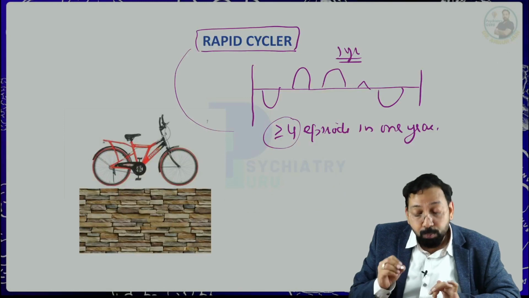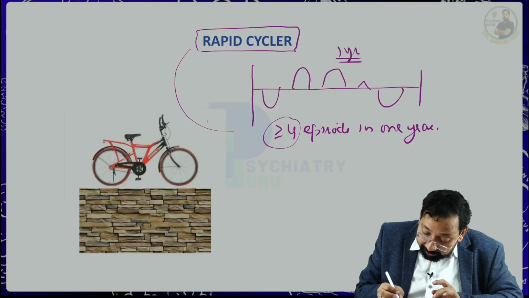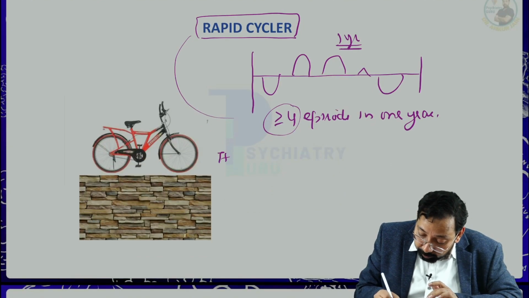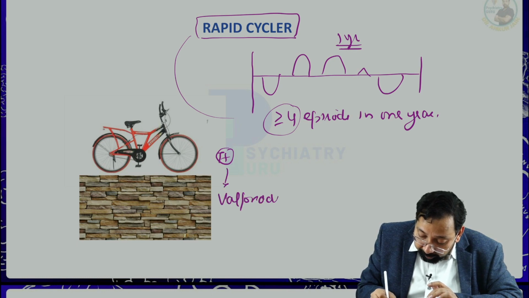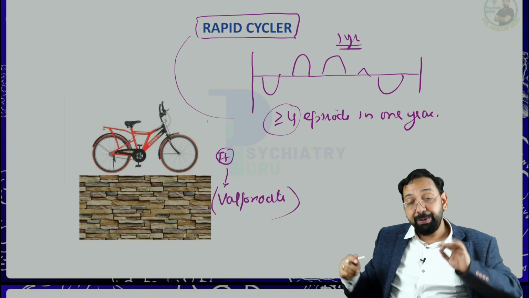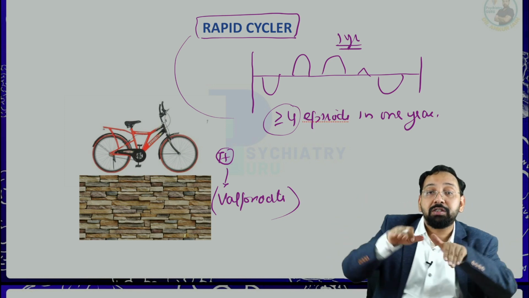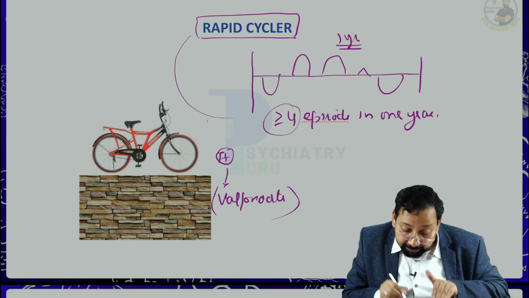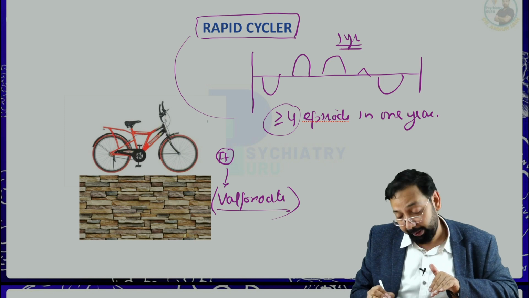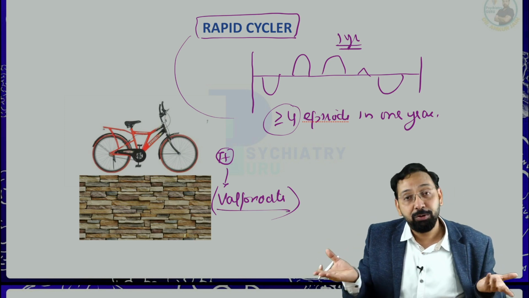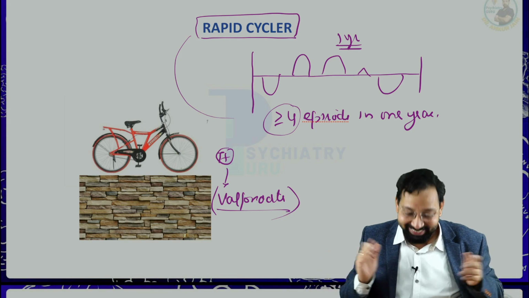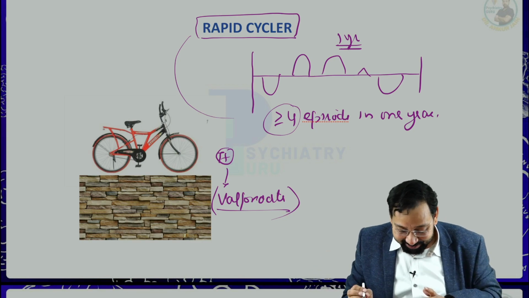If we found 4 or more than 4 episodes, that is a rapid cycler, and the treatment of choice is valproate. Mnemonic: if a patient is riding a cycle very fast, I ask him to ride the cycle on this wall. वॉल प्रोएट, तो वॉल पे चला पाएगा तेज, ही विल नॉट बी एबल. ठीक हो जाएगा, धीमे चलाएगा, ठीक ही तो करना है. Yes, rapid cycler treatment is valproate.